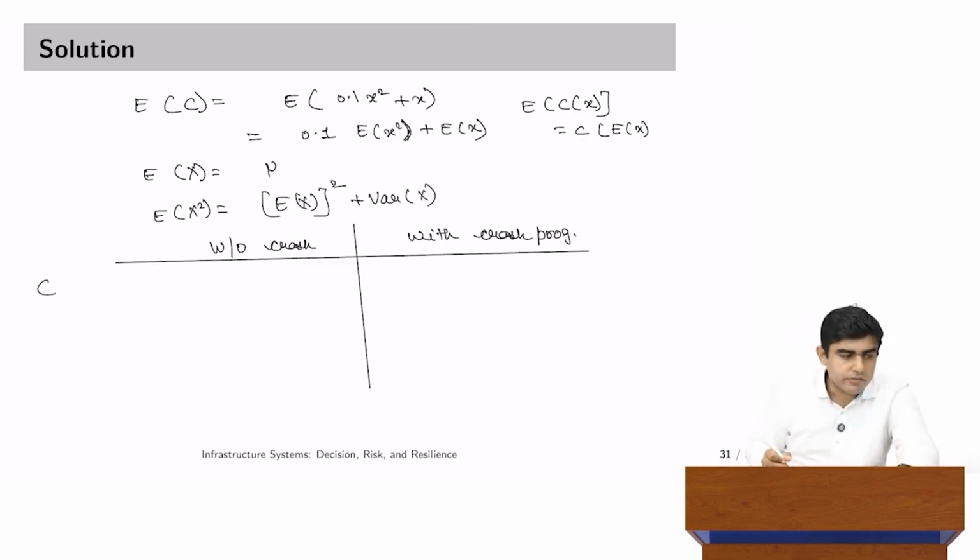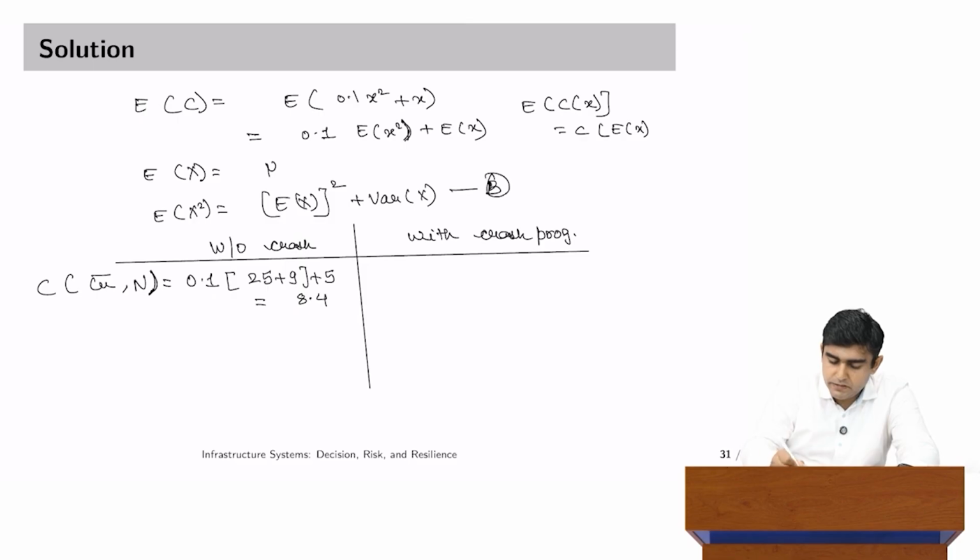So, the cost without crash program when normal weather prevails, in that particular case is simply 0.1 into 25 plus 9 plus 5, which gives us value of 8.4, right, using B, and this I would call as A.